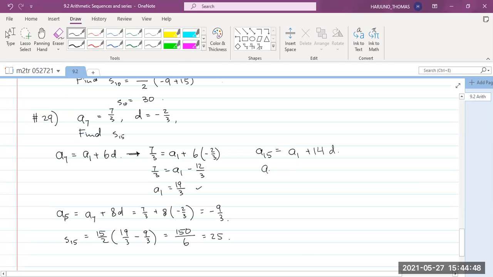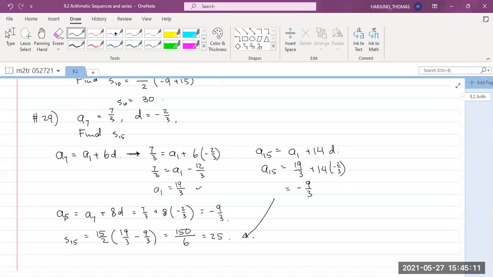So the 15th term is 19 over 3 plus 14 times negative 2/3. That's 28. Yeah, that's still negative 7 over 3. So that's one way. This is another way to find the 15th term.